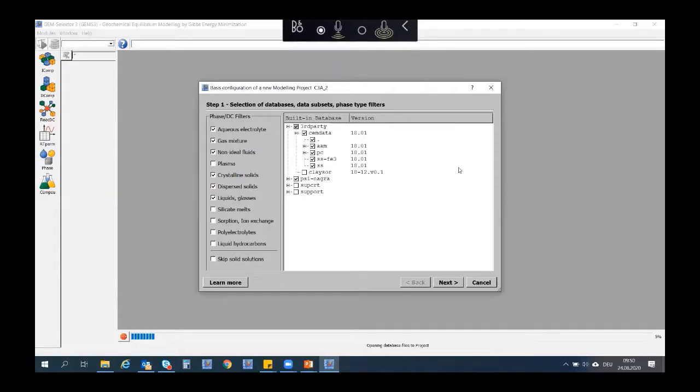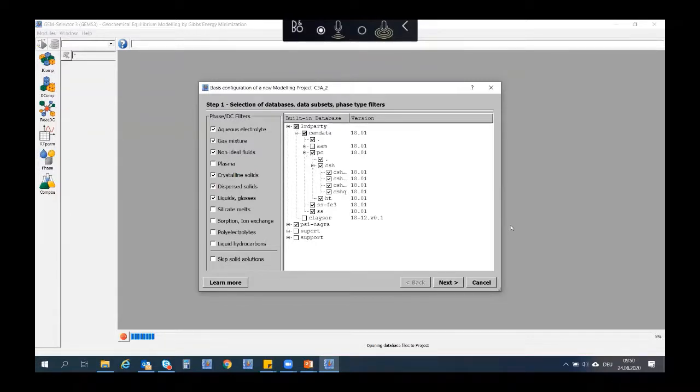If you look at that, you see one called AAM and one called PC. AAM stands for alkali activated material, and we do not need it at the moment. It's just in case later you want to calculate alkali activated materials, you will have to select that.